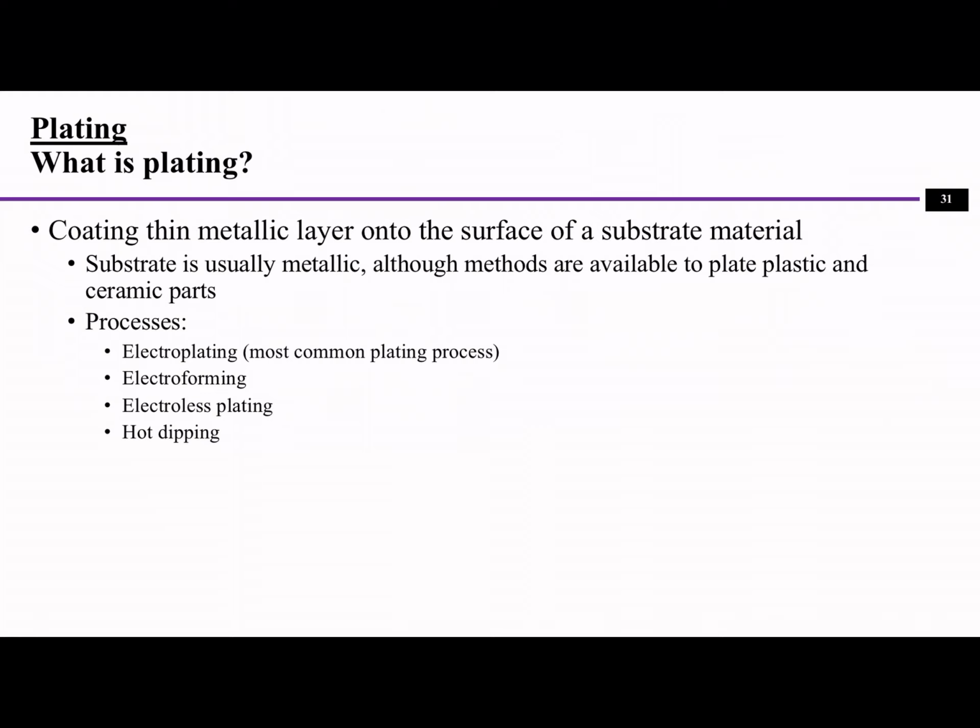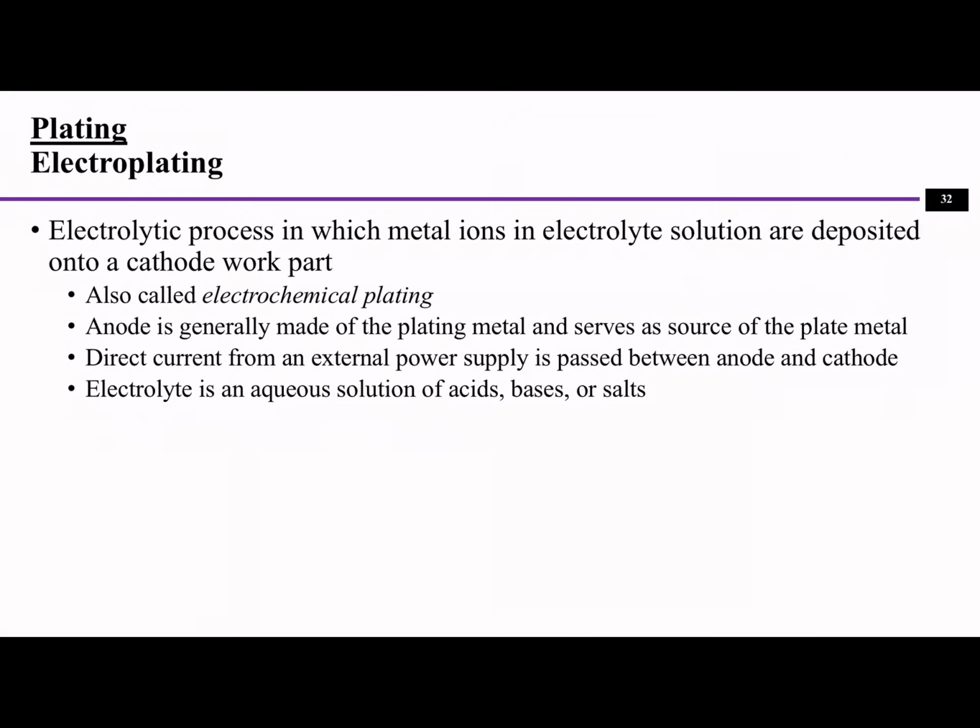But mainly when we're talking about plating, we're talking about metallic materials. The processes include electroplating, electroforming, electroless plating, and hot dipping. Because electroplating is the most common process, mainly we're talking about electroplating in this class.